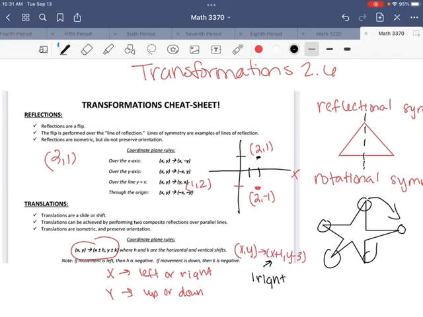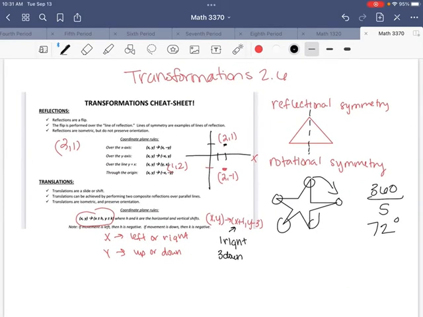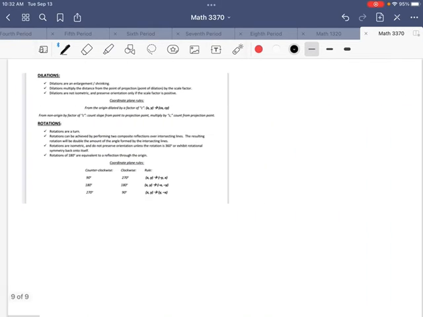And then y minus 3, y is up or down, and since it's minus, it'll be down. So 3 down. So that rule says that my shape would be moving 1 right and 3 down. So translations are pretty easy. Nothing wild. So let's look at rotations and dilations.